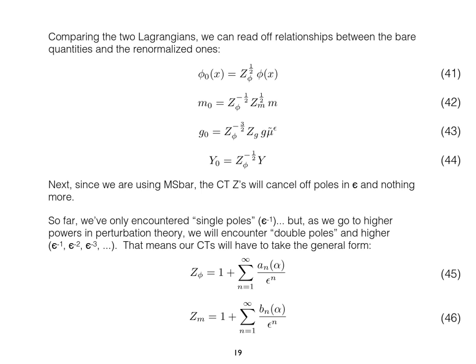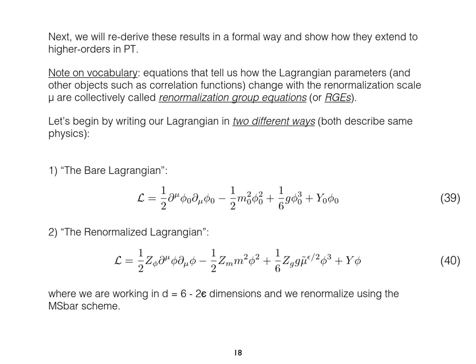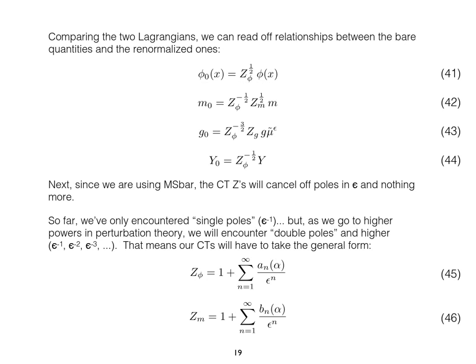So if you look, you compare this guy. This is a constant, so this is telling me that phi 0 must be equal to phi times the square root of Z phi. So I get this relationship between the two fields.